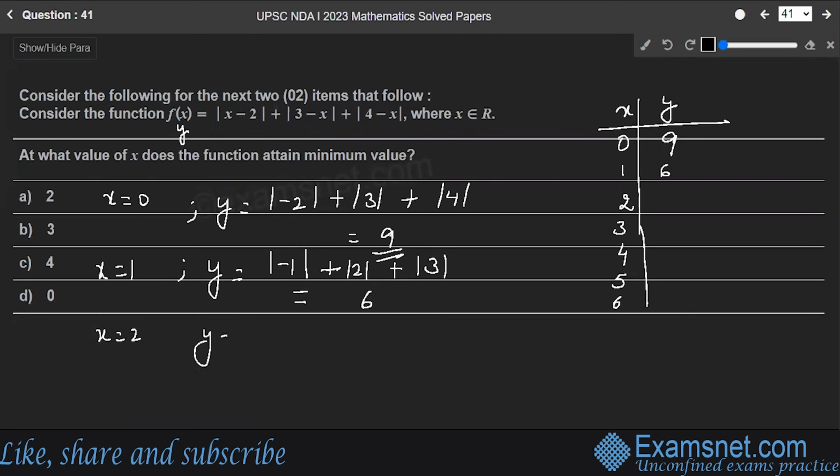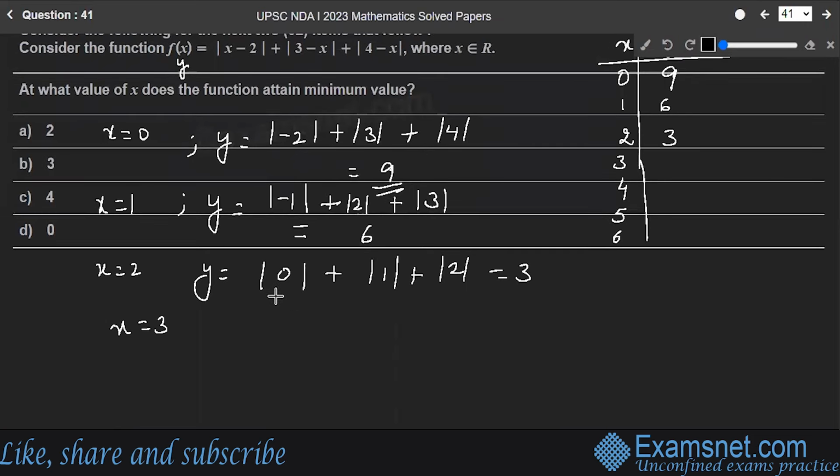X is equal to 2, y will be equal to 0 plus 1 plus 2, which is 3. Then x is equal to 3, y will be equal to 1 plus 0 plus 1, which is 2.